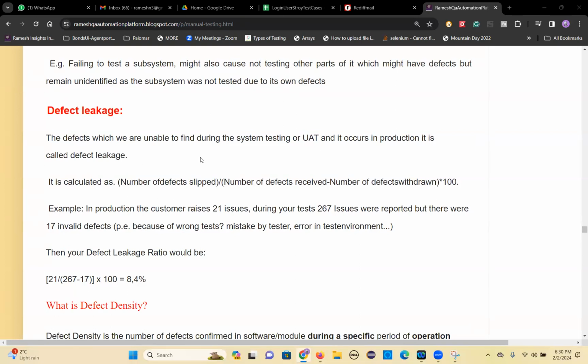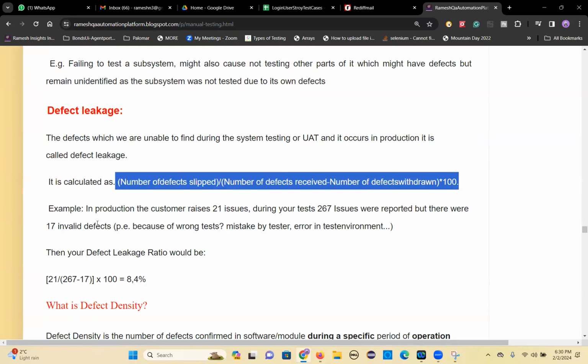So how can you calculate the defect leakage? This is the exam question, an ISTQB exam question. Number of defects slipped divided by number of defects received minus number of defects withdrawn, multiplied by 100, and you will get the defect leakage.